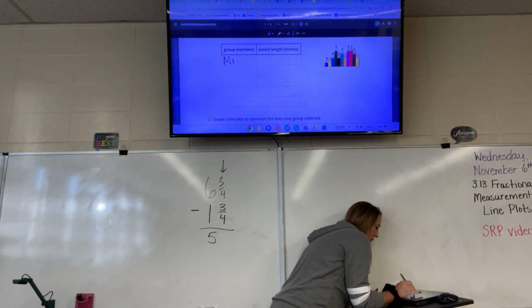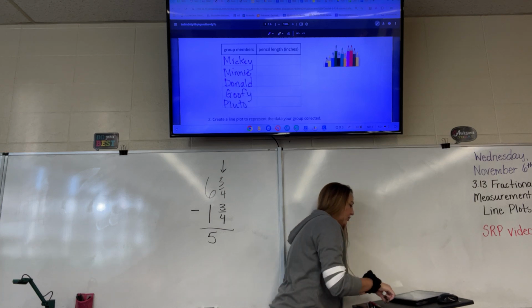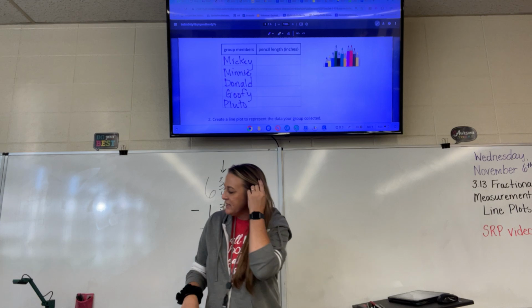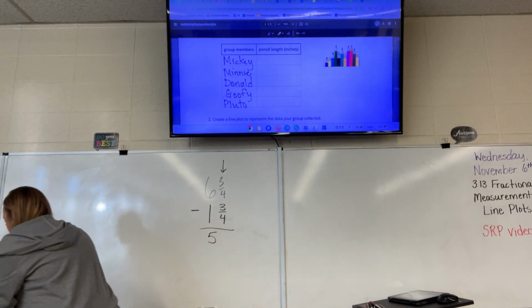Mickey, Minnie, Donald, Goofy, and Pluto. Okay, so those are the members of our group that are measuring pencil lengths.